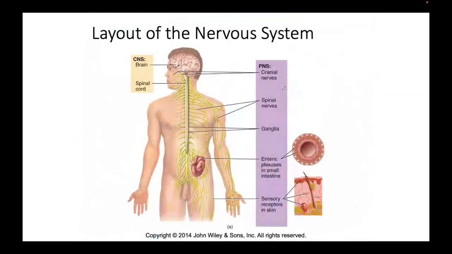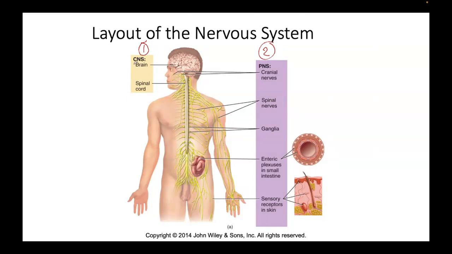When we look at the neural system, it's important to understand that we can look at it as two different parts. We can say the CNS, and then we can look at the PNS.